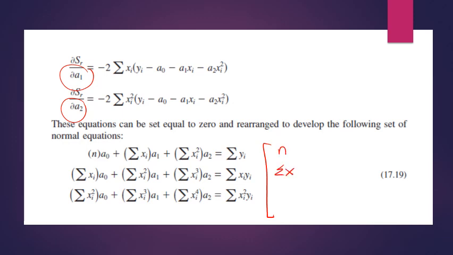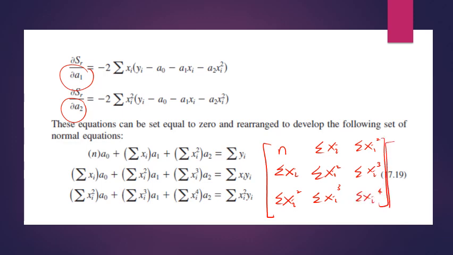The matrix has n, summation xi, summation xi squared; summation xi, summation xi squared, summation xi cubed; summation xi squared, summation xi cubed, summation xi to the power of 4. Multiplied by a0, a1 and a2, equal to summation yi, summation xi yi, summation xi squared yi.